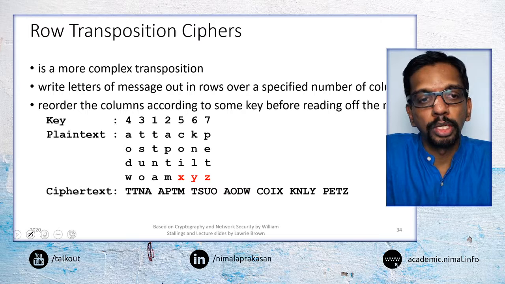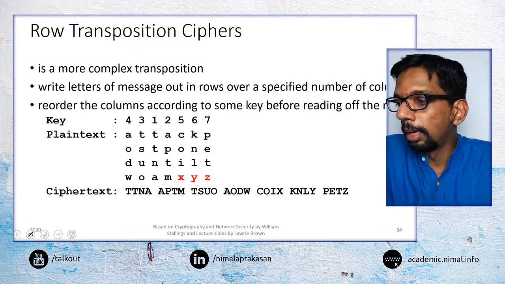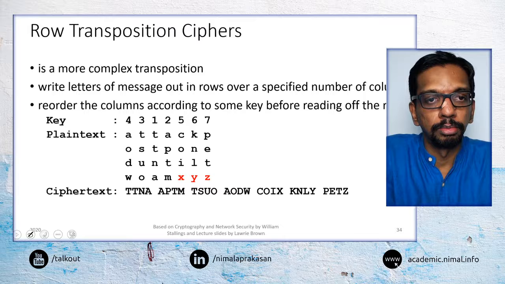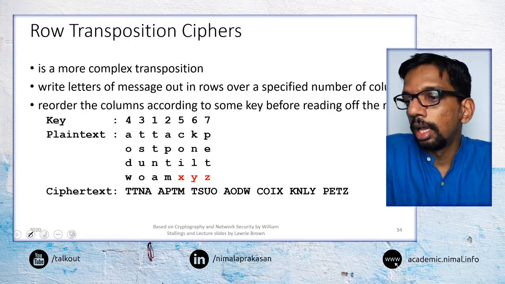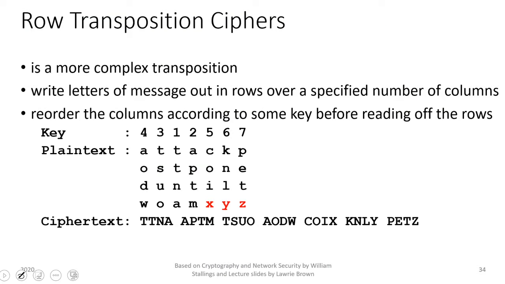Another alternative for transposition cipher is what is called the row transposition cipher. This is a bit more complex than rail fence ciphers. Here we write out the message as a number of rows and columns. This is the message that we are writing.